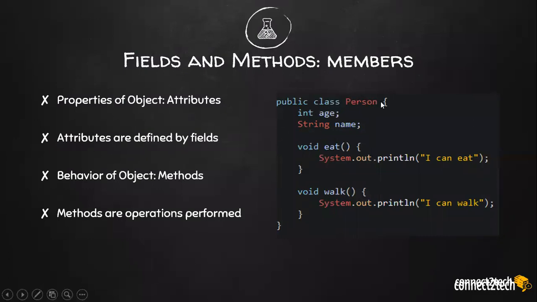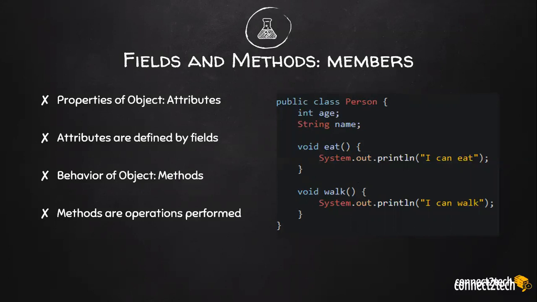So if you look at this class person here, age is an attribute and name is an attribute, and they are also known as fields of this particular class called person. Also, we have behavior of object, which is known as methods. Methods are operations performed, meaning that this particular person class can perform various operations. One of them is to eat and another is to walk.